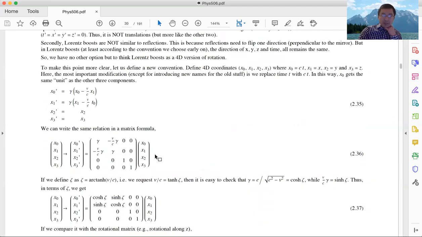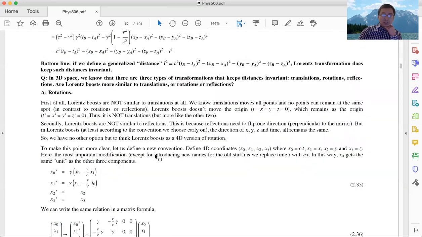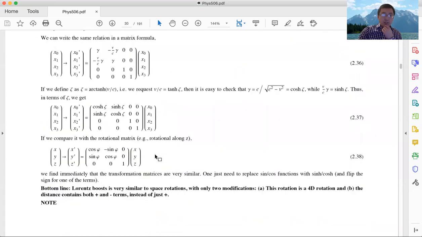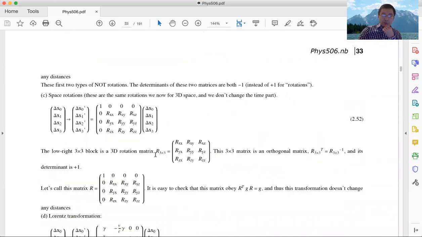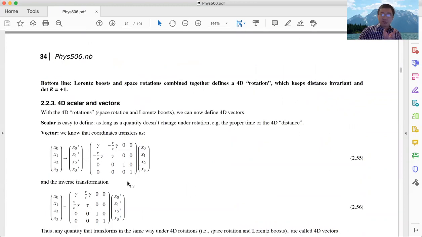Last time we defined 4D scalars and 4D vectors. A 4D scalar is basically an object that is invariant under 4D rotation, which means it is invariant under Lorentz boost and is also invariant under spatial rotation. And we also defined 4D vectors, defined by following the transformation of coordinates.